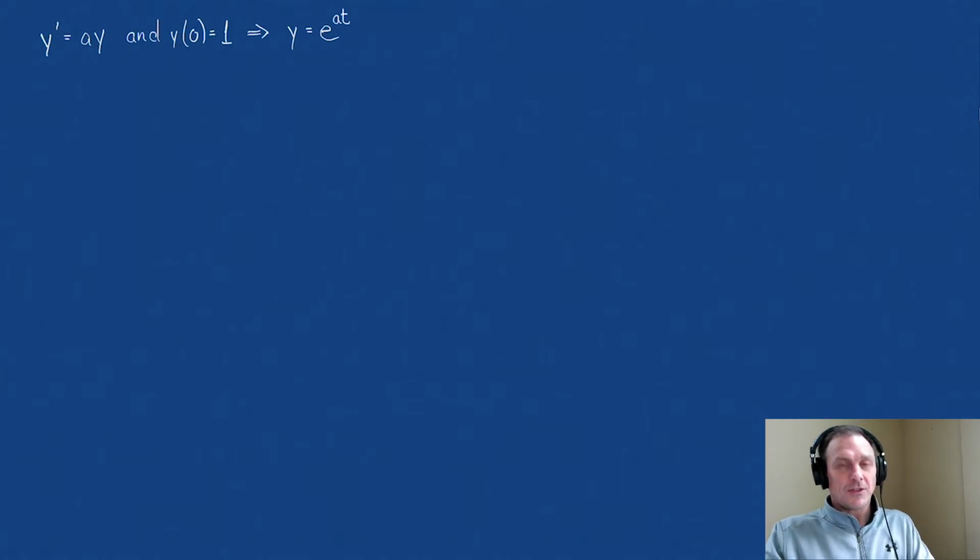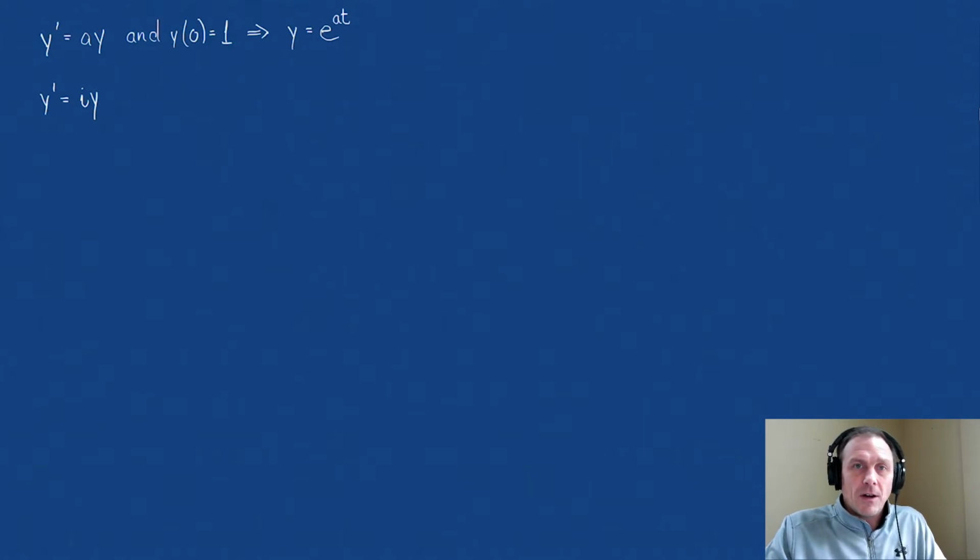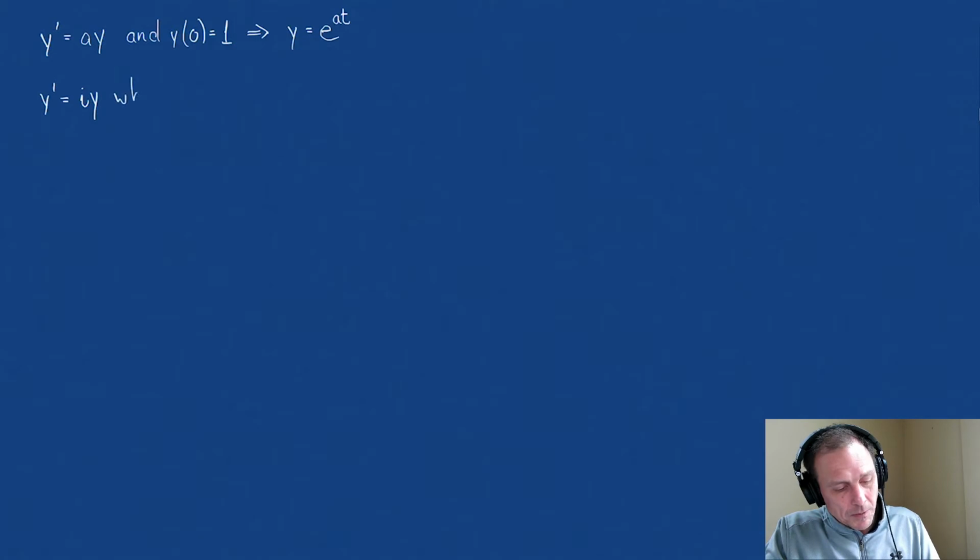Now, let's change this ever so slightly. Let's change this then to y prime equals i times y. And yes, that is i, the complex number, where i is the square root of -1, as you would expect.